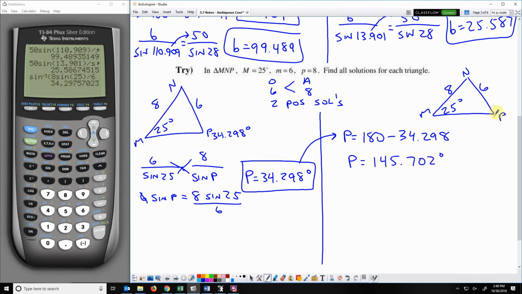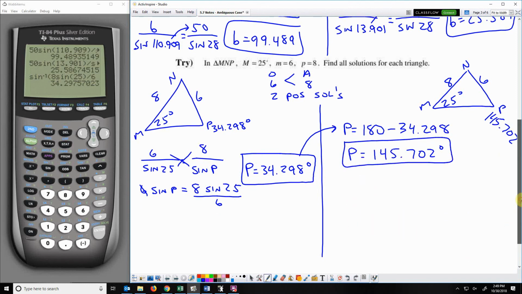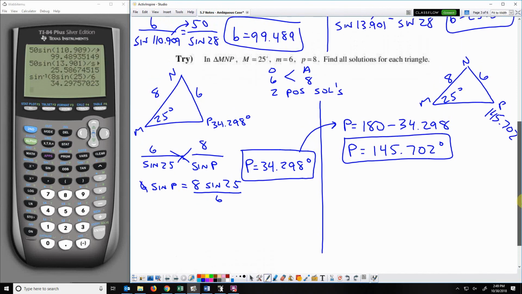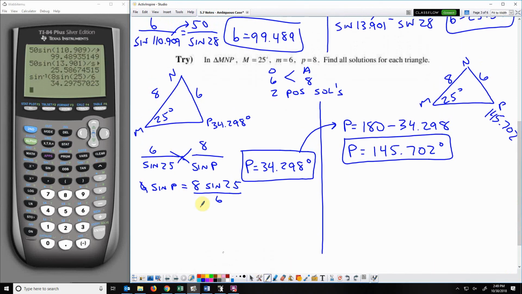So that's the other possibility for angle P, 145.702 degrees. Okay, so I've got both possibilities for angle P. From there, I will go on to find angle N and then side N for each triangle.